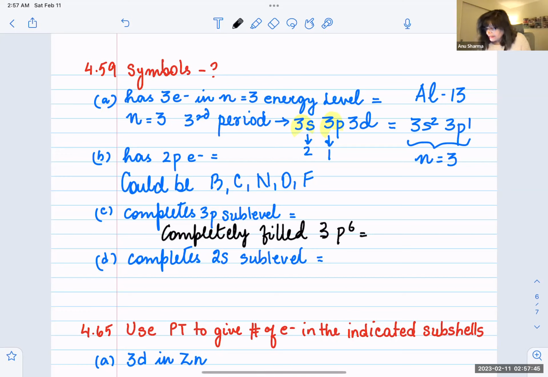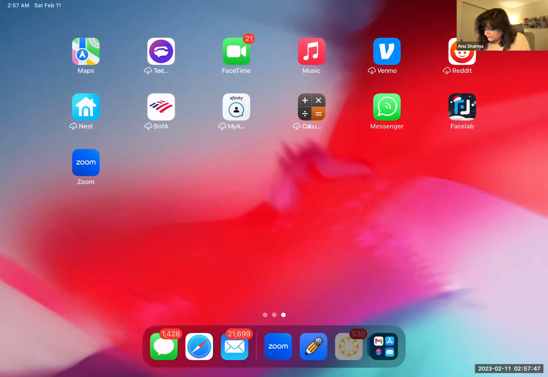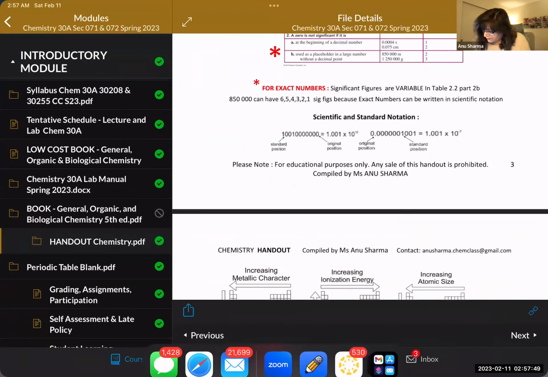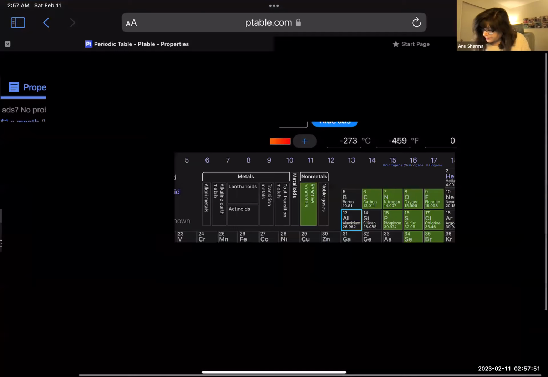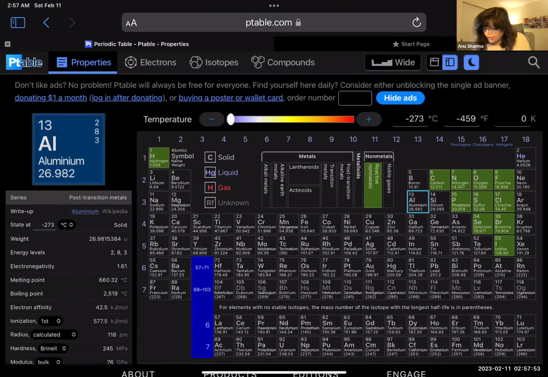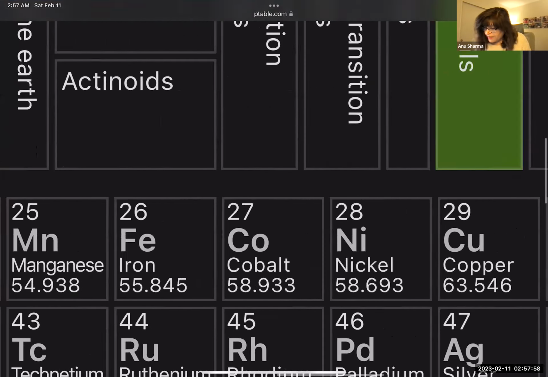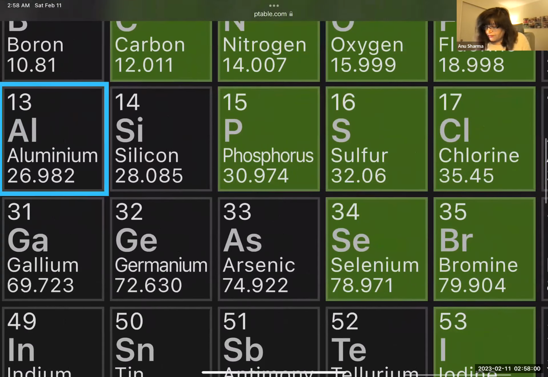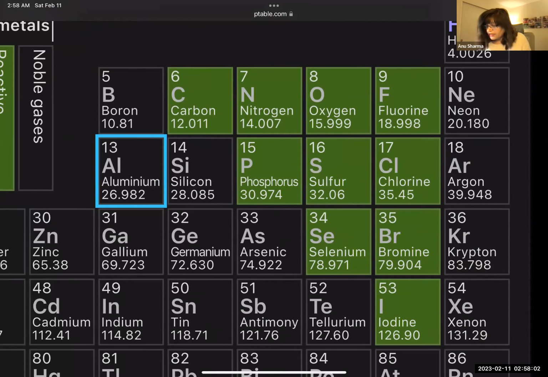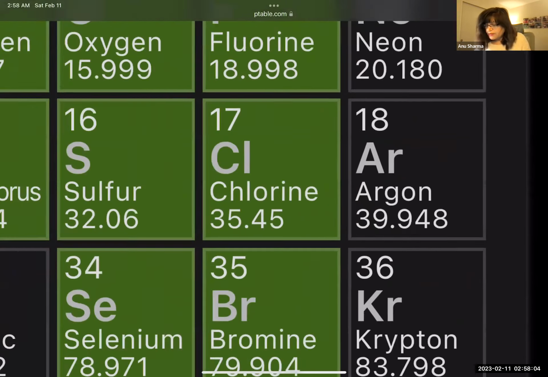Which element has that fully filled? So 3p is the third energy level, and p block, and it's fully filled. So it has to be argon, 18, the last one, p6.